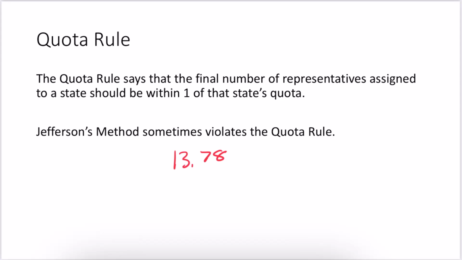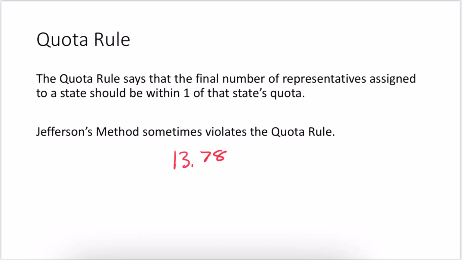But sometimes, depending on the size of the other populations of the other states you're working with, Jefferson's method might give you a result where this state might actually get 15 representatives, which means that it's more than one above the state's quota. And so that's one of the issues that comes up with Jefferson's method.